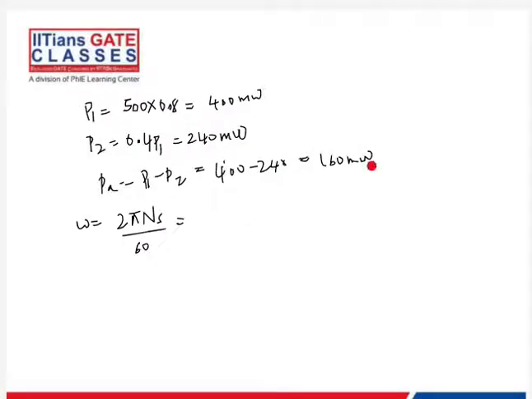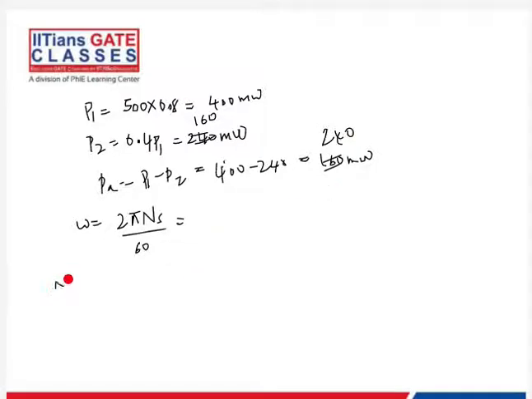It is 400, reduced by 60%, this would be 160. Correct? Thank you.